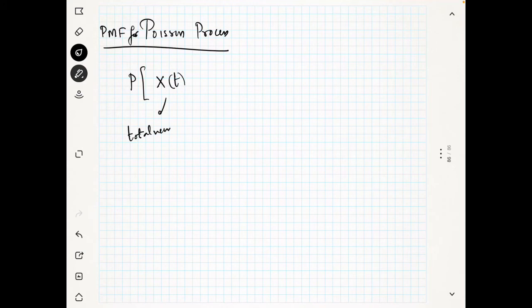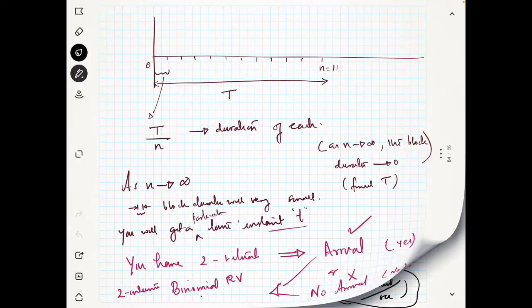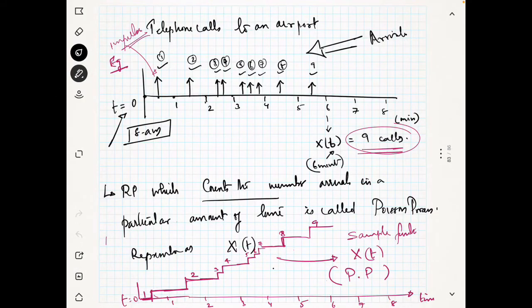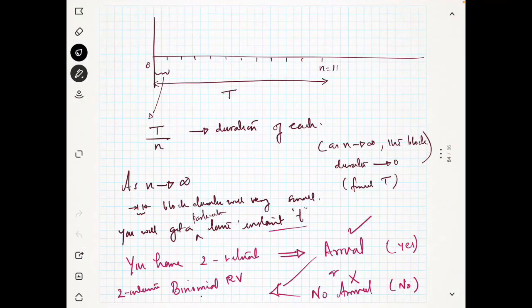What is x of t? I have already represented it. x of t is represented by this type of graph. At a particular time, suppose you are considering the third second, then the value of x of t is 4. What does it mean? There are 4 people in the queue. That's it.